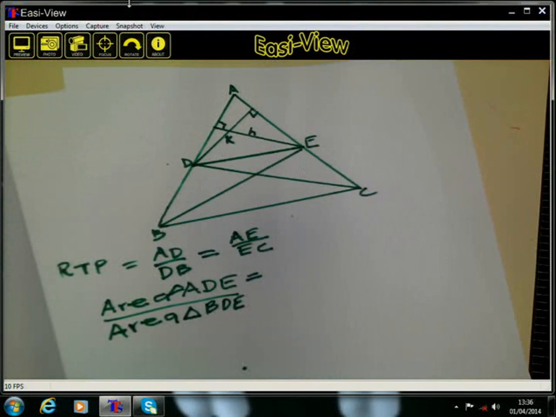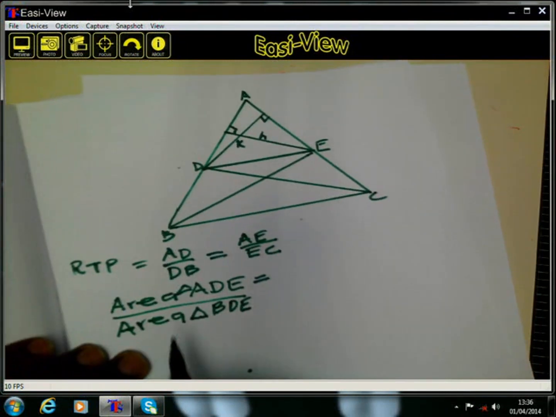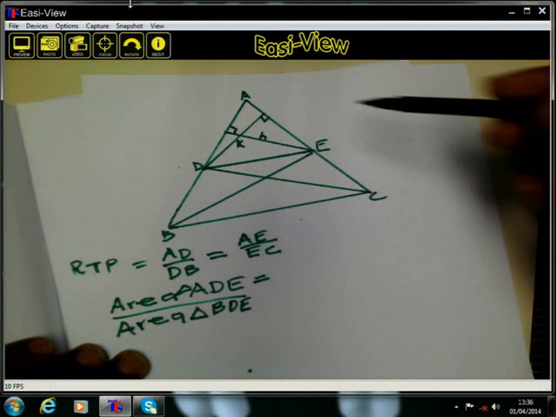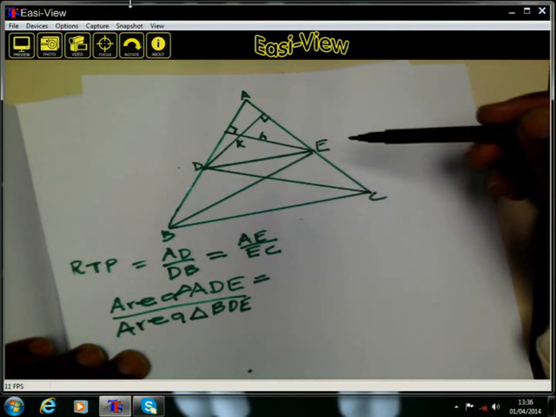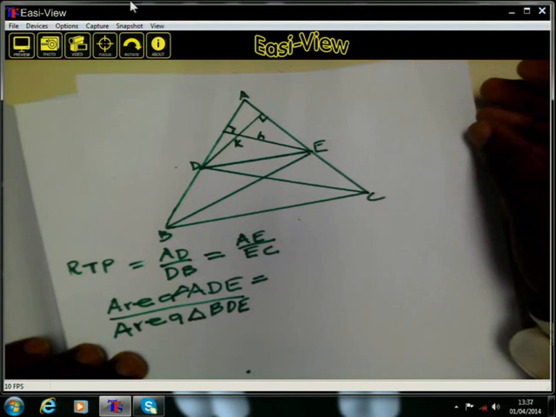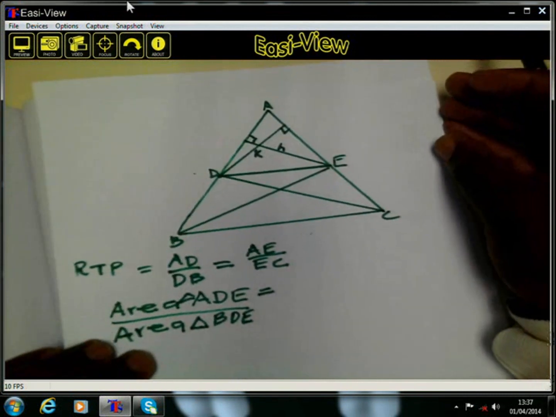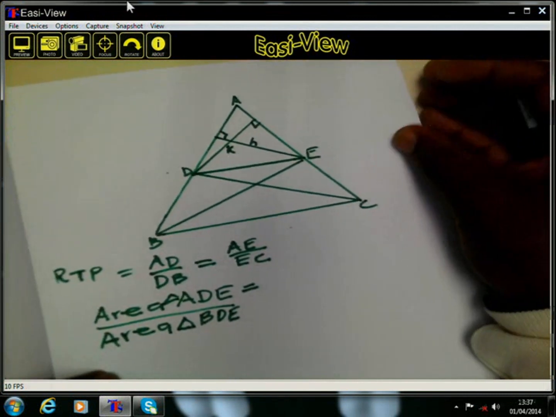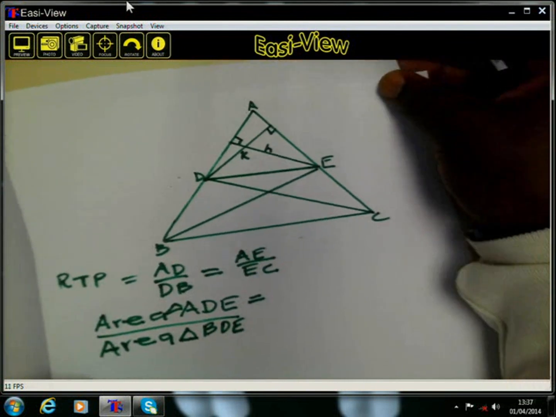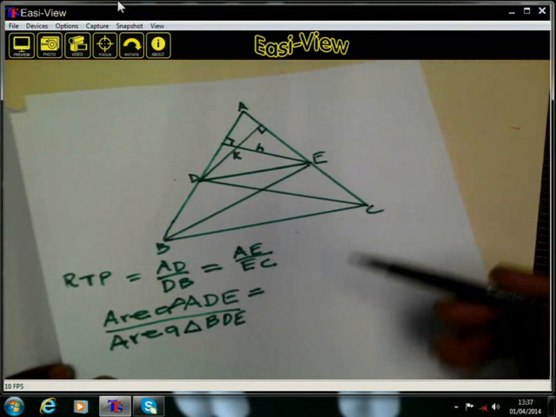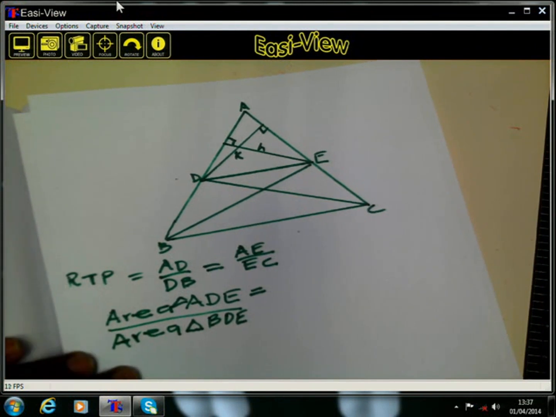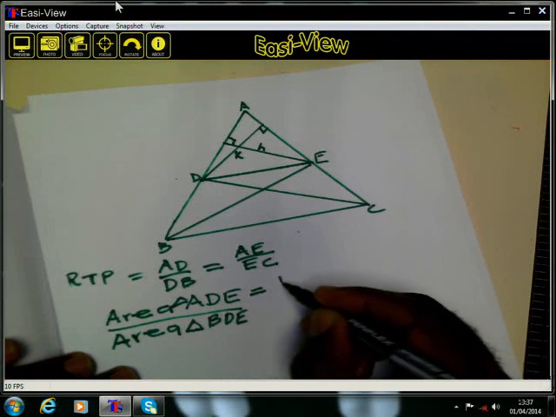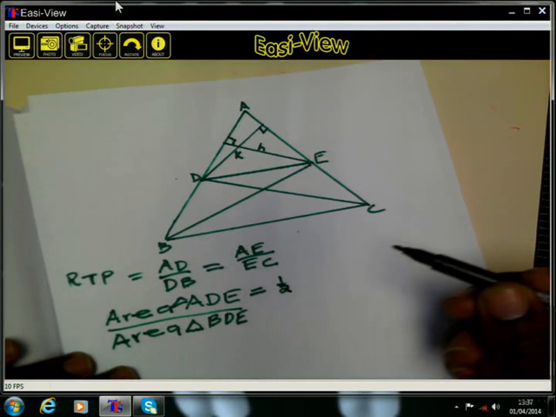Fine. Let's talk about the area of triangle ADE. I don't think I need to rush because I've realized through marking that most learners are losing marks when it comes to this, and this is so simple, as long as you can make sense out of it and try to understand it. For the area of triangle ADE, we are going to have half of the base.